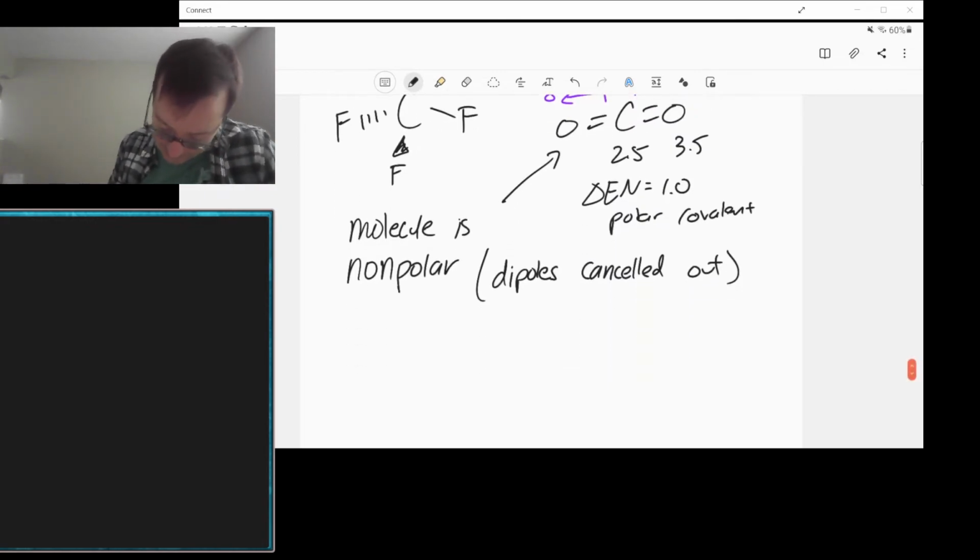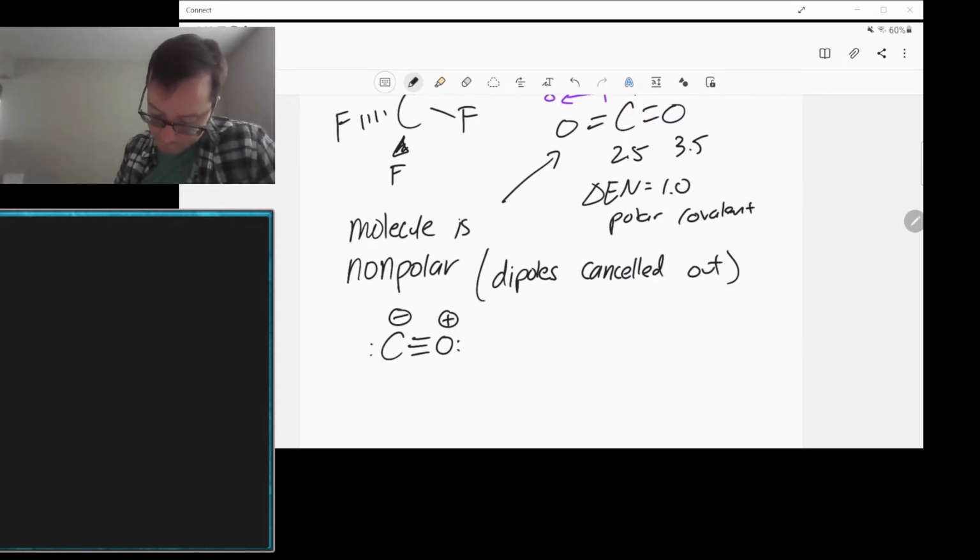We're going to see something like this, though. Carbon monoxide. It will indeed be polar because there's nothing to cancel this dipole out. So this molecule is polar.